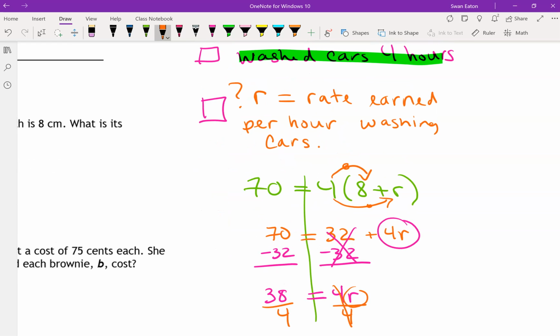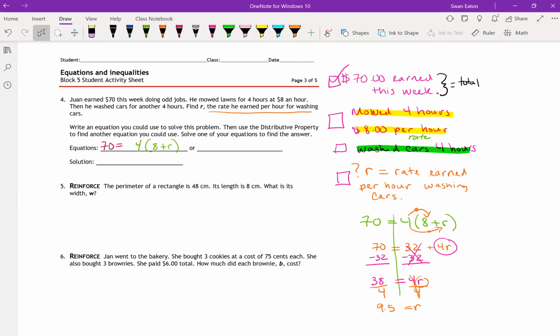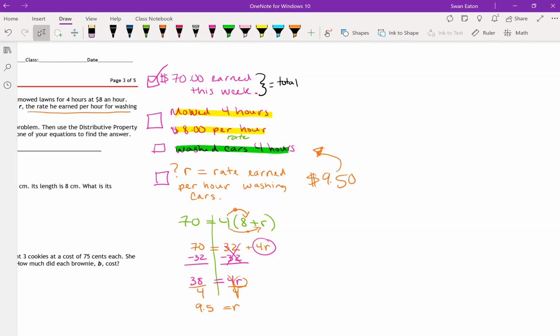So R equals 9.5. If I go back to here, shrink this down for all of us to see, does that make sense? Does he make $9.50 per hour washing cars? Let's see if it does. 4 times 8 is $32, so he made $32 mowing lawns.